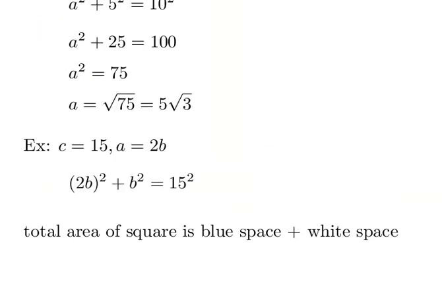So let me put this in terms of an equation. Total area of square equals the blue space plus the white space. That means that the white space is equal to the total area minus the blue space.